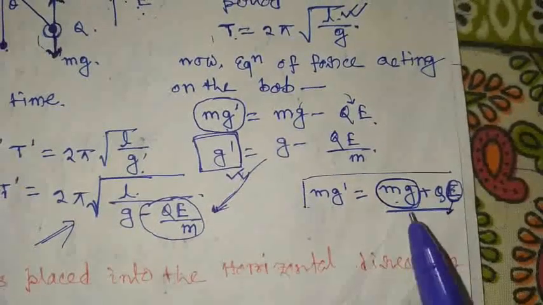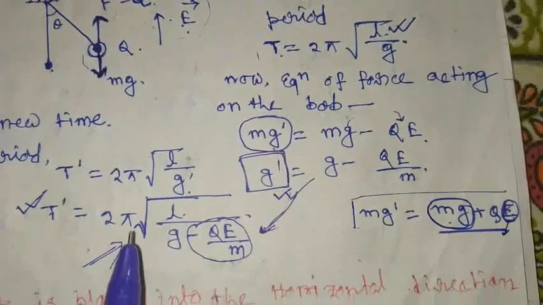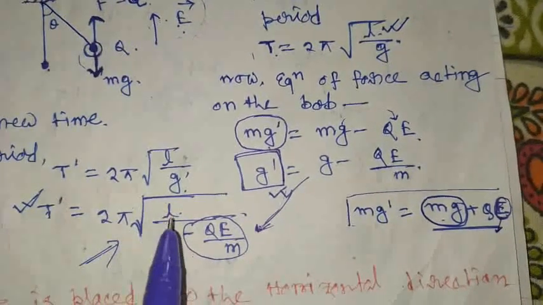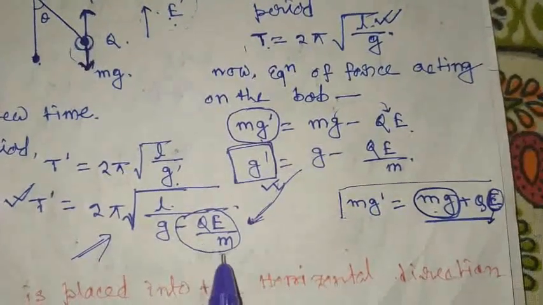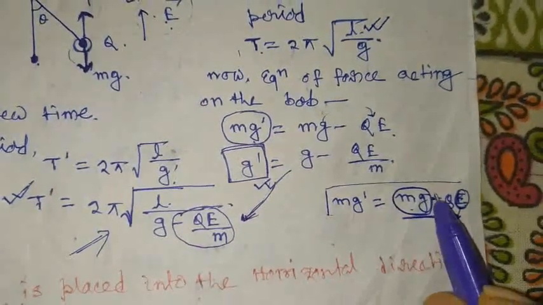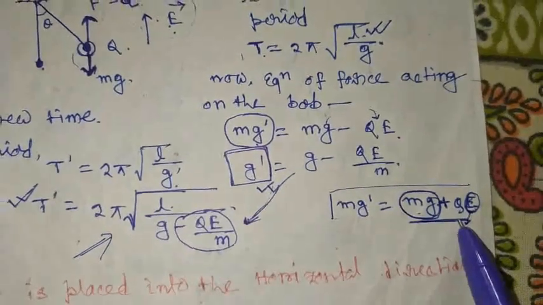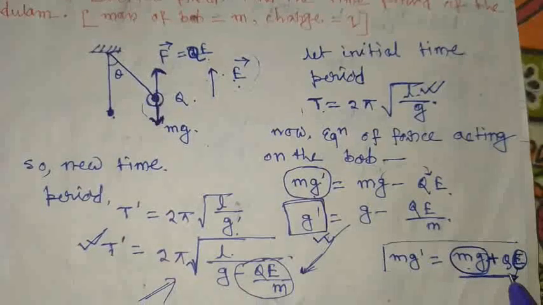So then the modified time period will be written as T prime equals 2 pi root over L by (g plus QE by m), because the force is mg prime equals mg plus QE. Okay, you can do the problem.